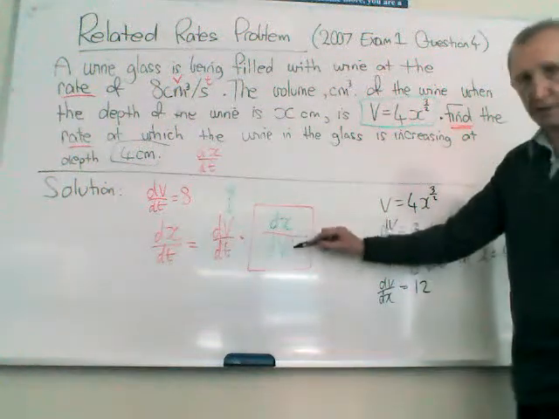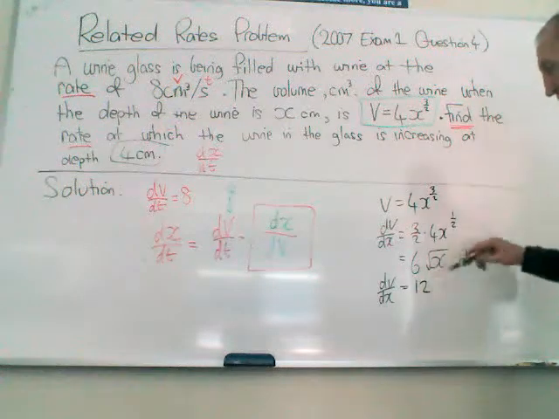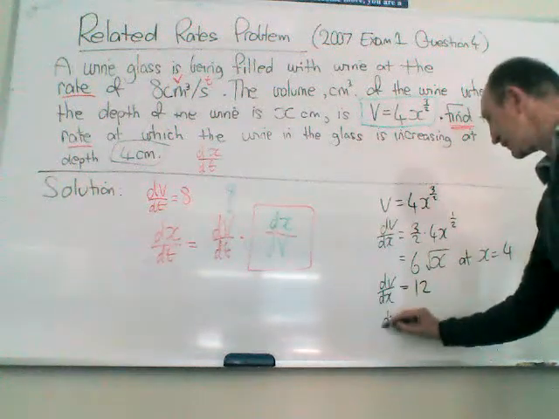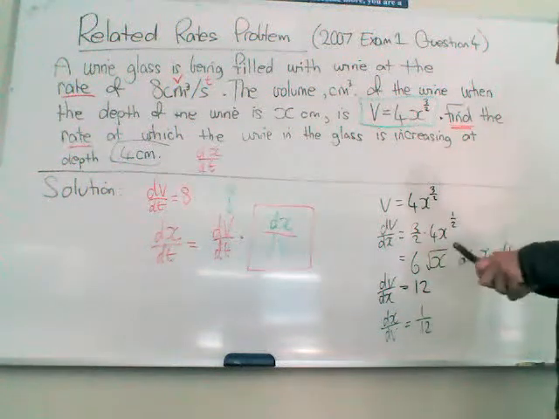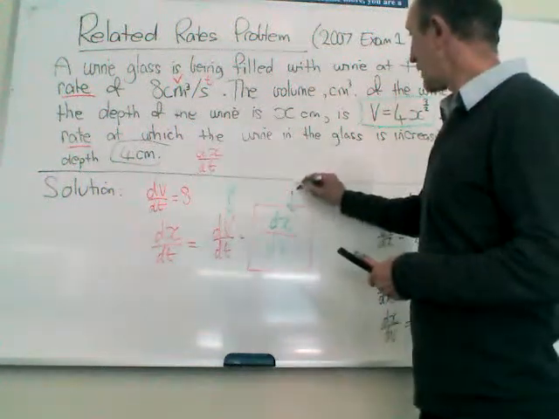We're actually looking for dx/dV, aren't we? We just need to take the reciprocal. dx/dV is equal to 1 on 12. Okay, so into here goes 1 on 12.